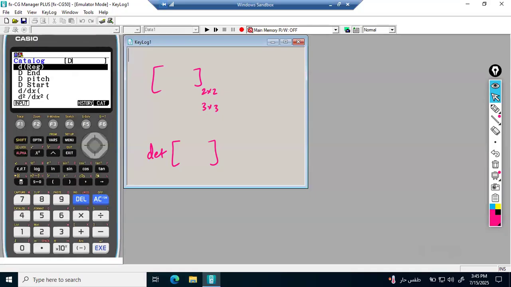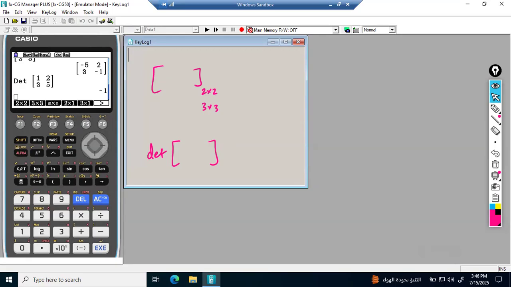So DET. This is DET. The determinant, then I enter the matrix. Let's say we have this matrix 2 by 2. Again, 1, 2, 3, and 5. So the determinant is -1.